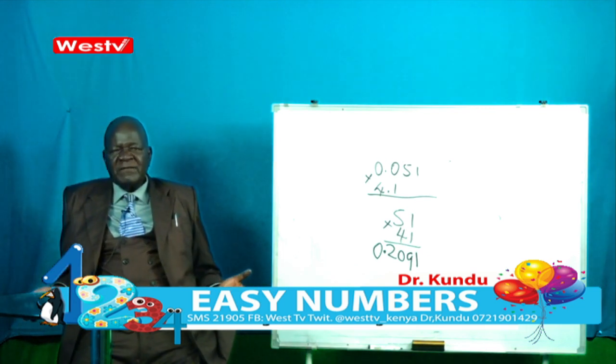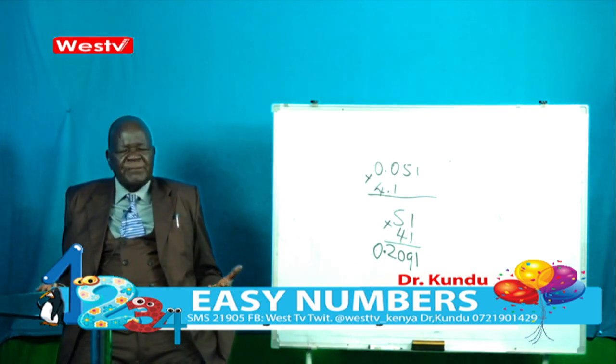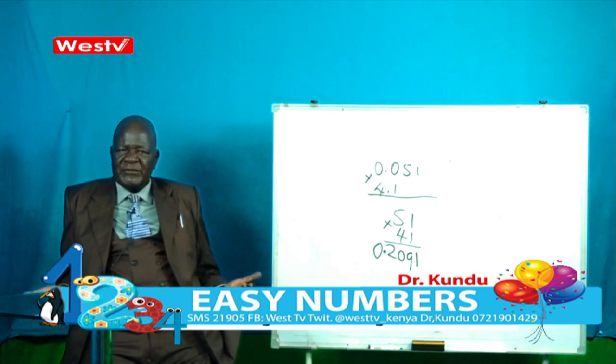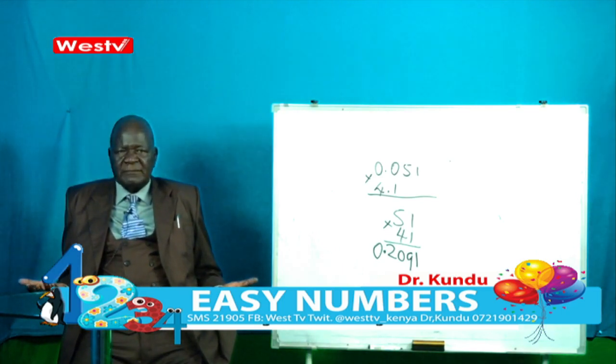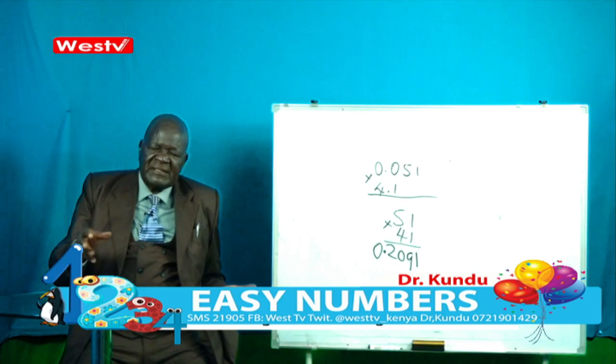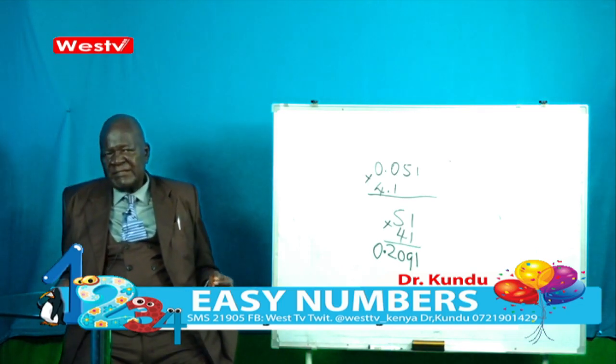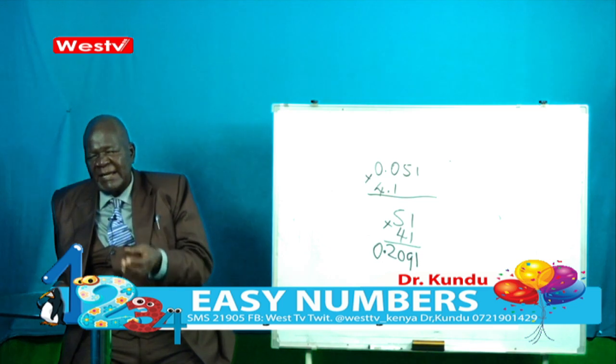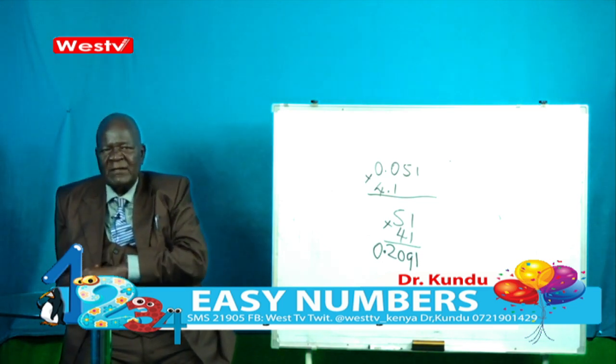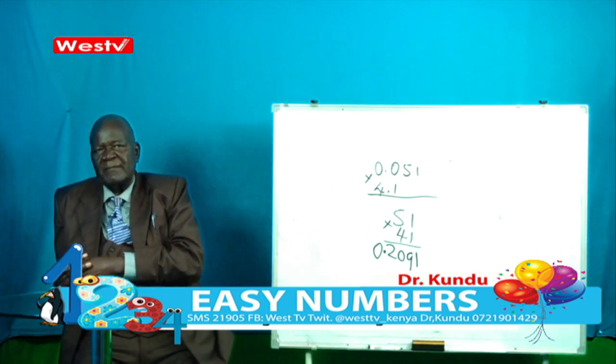So at the end of the year, the child just plays with mathematics like a play toy, and you are laughing all the way. So get these books straight to your child. And I appreciate the parents who are getting them and are very happy about the performance of their own children.